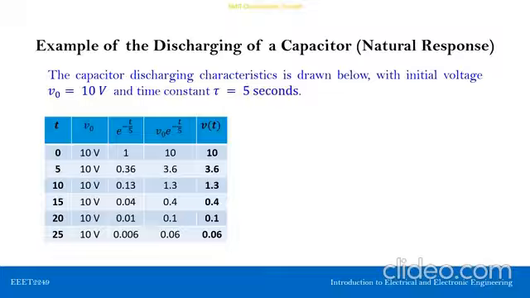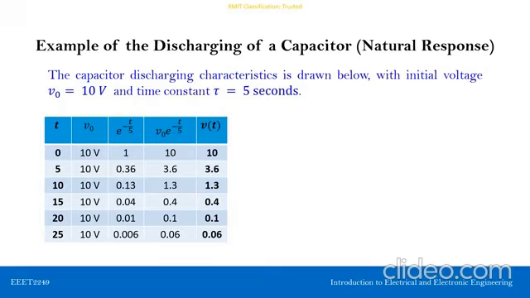When t is 0, V(t) is calculated as 10 volts. When t is 5, V(t) is 3.6. When t is 10, V(t) is 1.3. When t is 15, V(t) is 0.4. When t is 20, V(t) is 0.1. When t is 25, V(t) is 0.06.